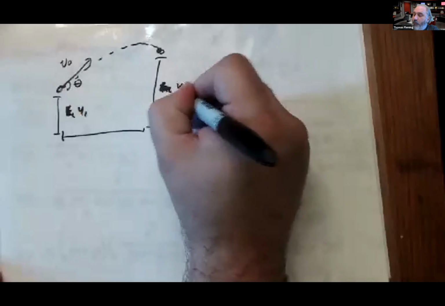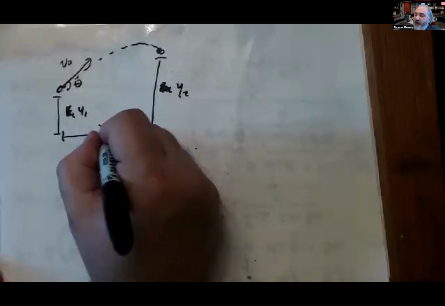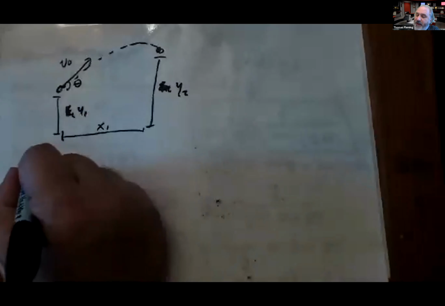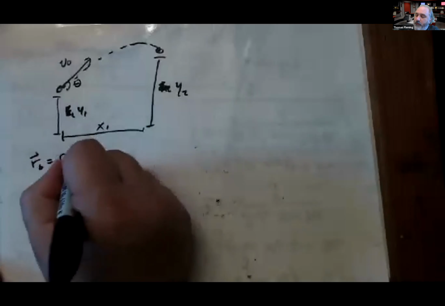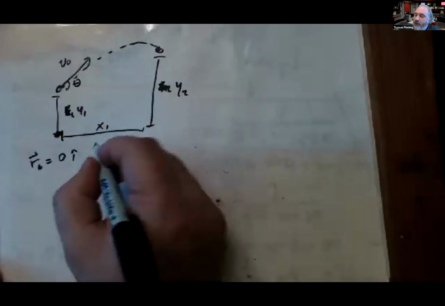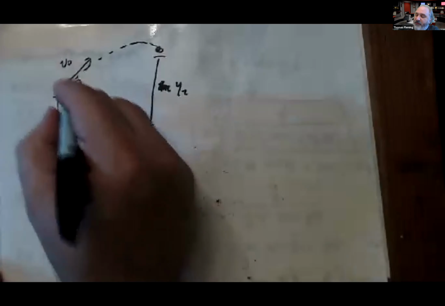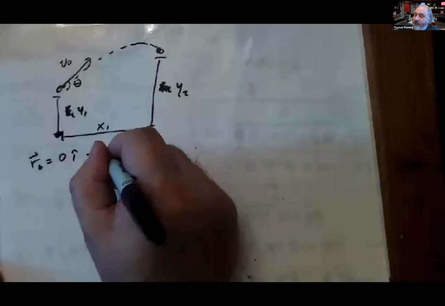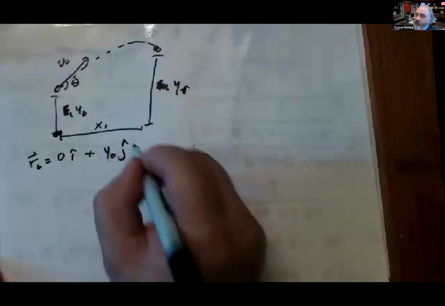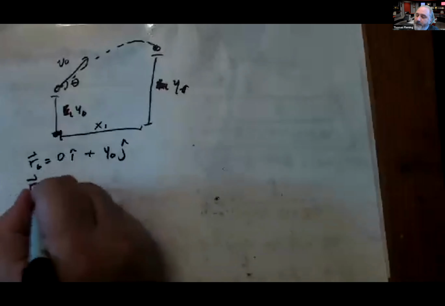Let's just call this Y1 and Y2. Let's call this X1. So what's going to happen is my initial position will be 0 for x hat. I'm going to have 0, 0 be right here. But my initial Y position is going to be, we'll call that Y naught. There we go, Y naught, Y1, that's better. I'm trying to be consistent with my nomenclature here.